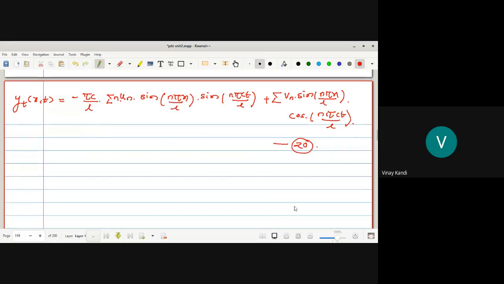Okay, now check the initial condition now at t is equal to 0, equation 19 becomes.